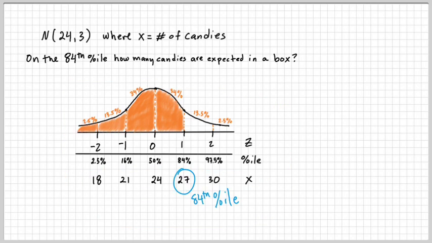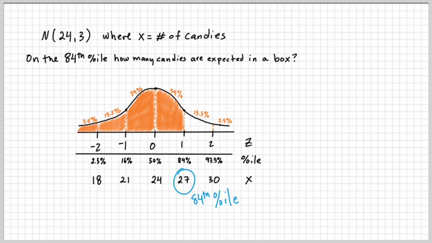What is the random variable? It's the thing that we're studying: the number of candies in the box. So we can see that 84 is in conjunction with 27. On the 84th percentile, how many candies are expected in the box? Well, we're expecting 27.